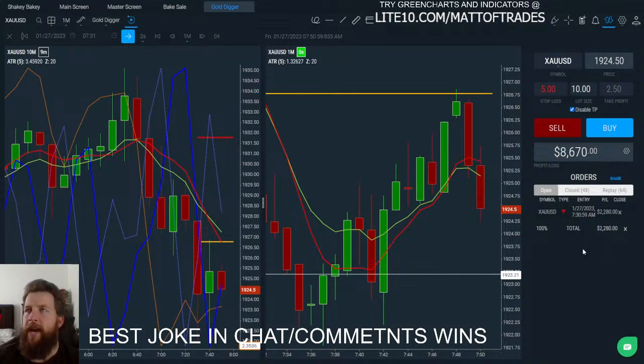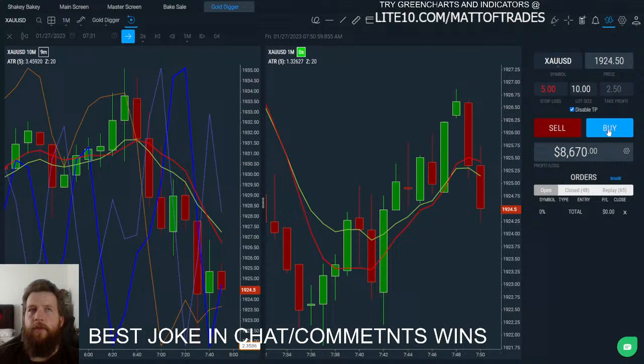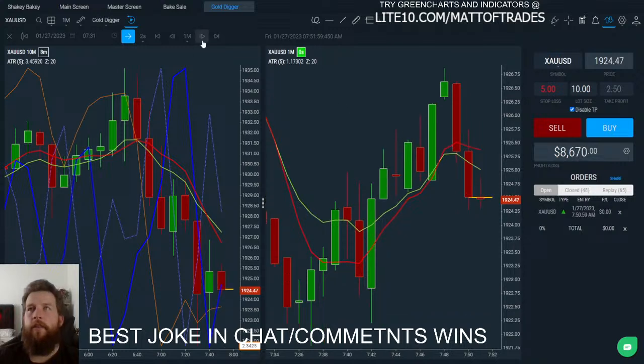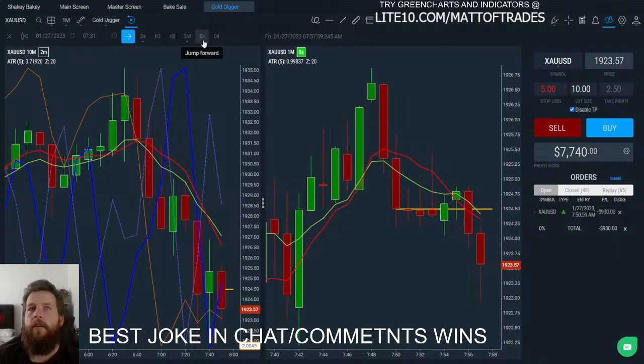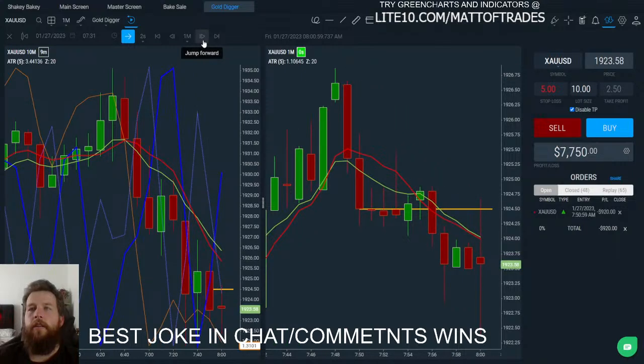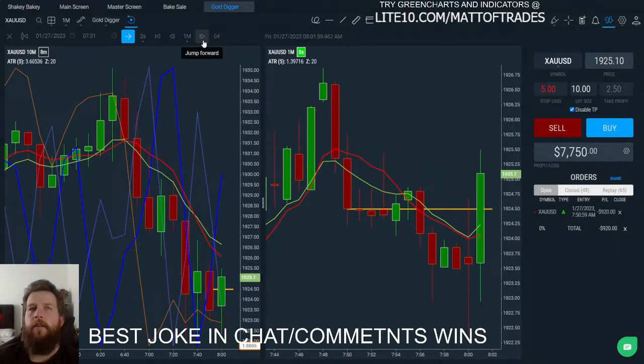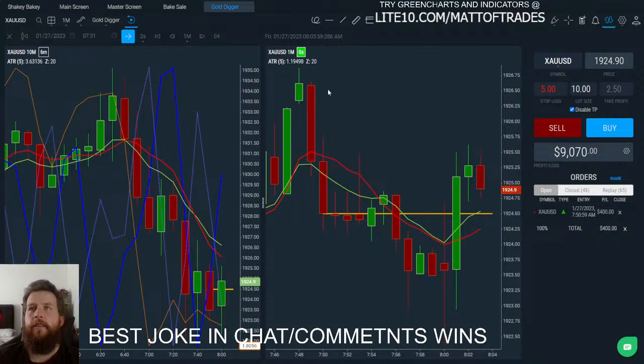Okay, we're actually getting a buy now, so close that out for healthy profit there. Go for a buy. Okay, we're still in it. Okay, our orange is actually pointing down, so we are going to close that one out.